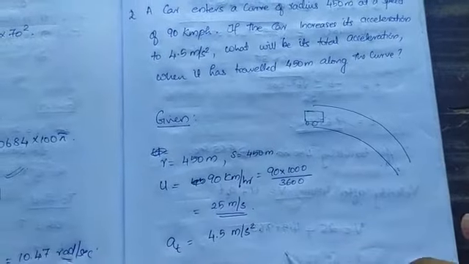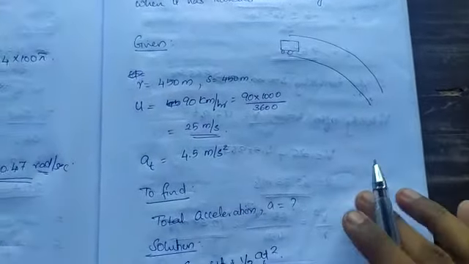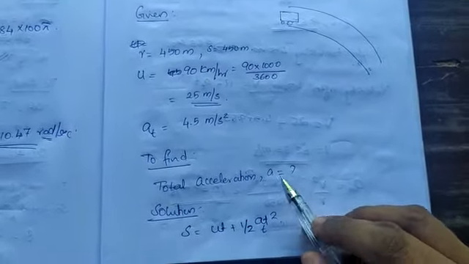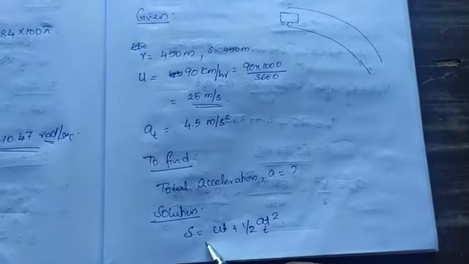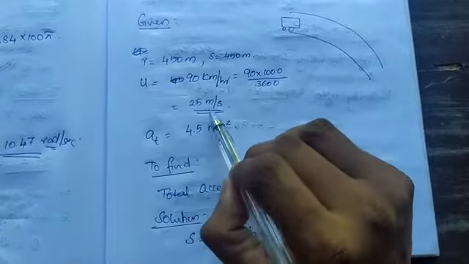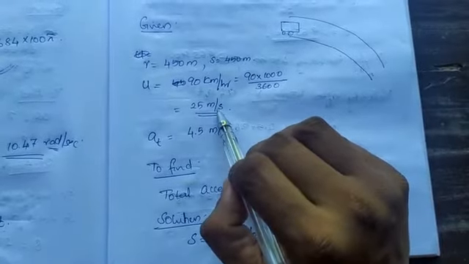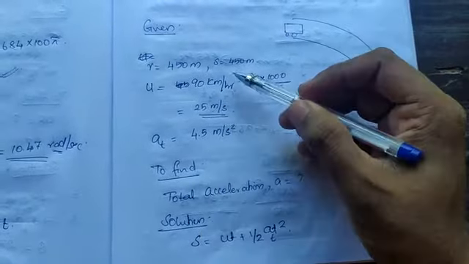You need to find AN such that you can find the total acceleration, AN plus AT, vector sum. So s is equal to ut plus half at square. S you know is 450, u is 90 km per hour. When you convert it to meter per second, you will get 25 meter per second.